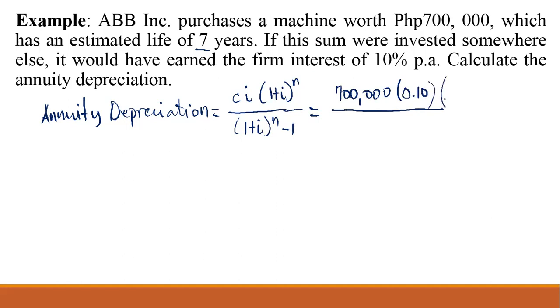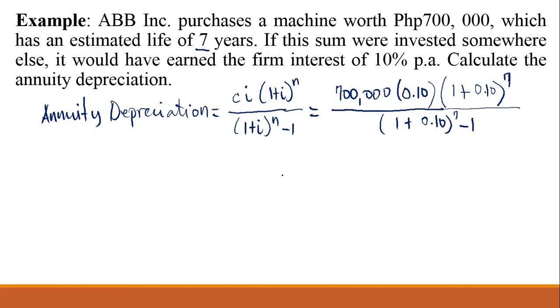Alright, times 1 plus the interest ulit na 0.10 raised to 7. Okay? Kasi 7 yung life o yung estimated life ng machine over 1 plus the interest rate raised to 7 minus 1. Okay?